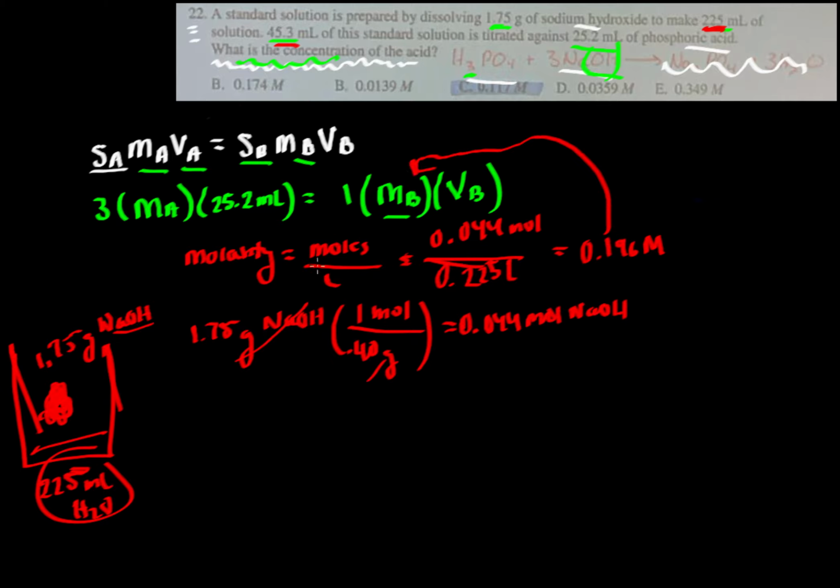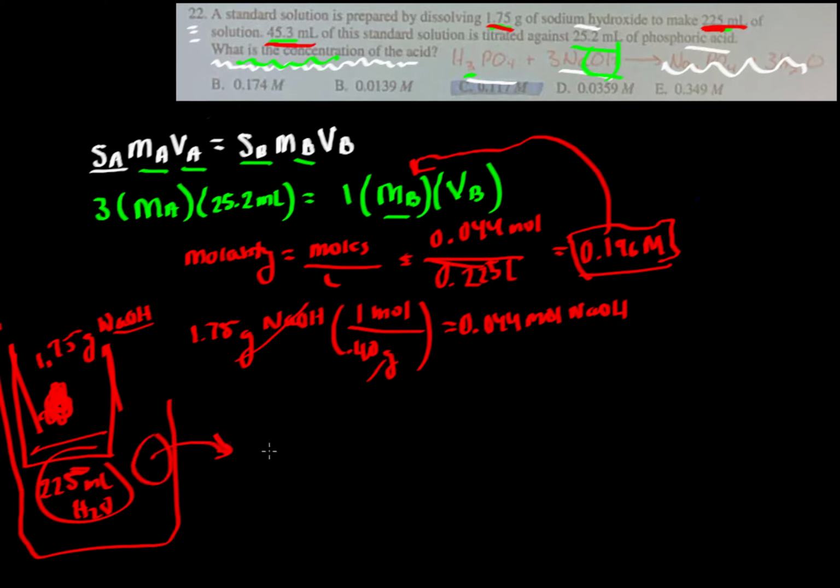Next is the volume of base. After we made this solution with the 1.75 grams and that amount of water, we took 45.3 milliliters of it and added it to the acid we titrated against.